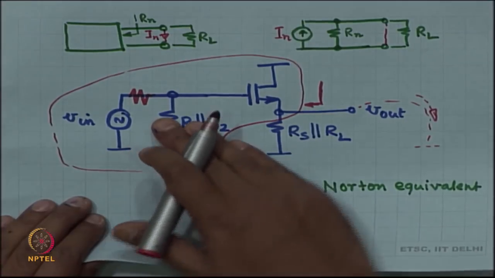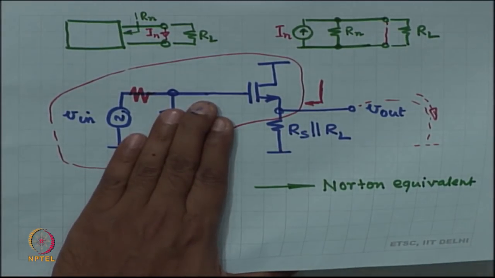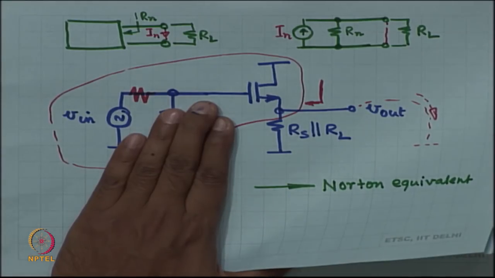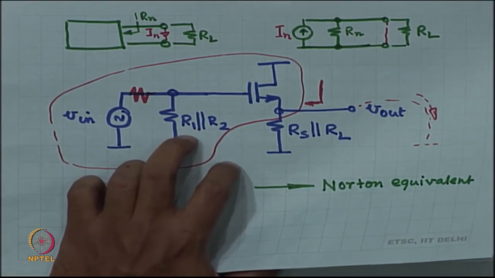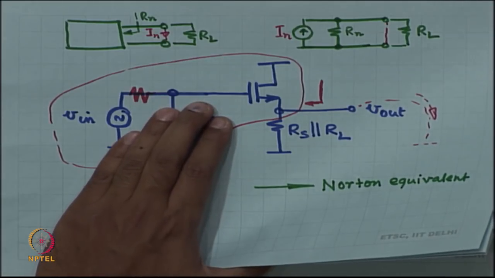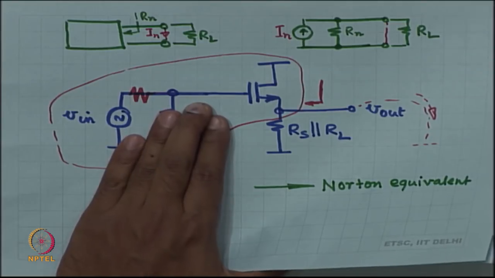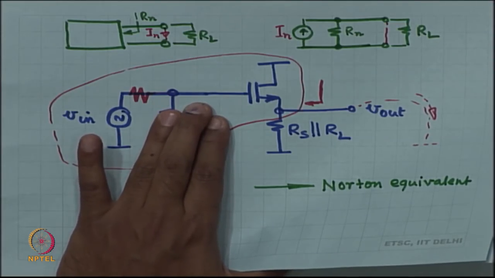Forget about R1 parallel R2, it is just annoying. Okay. Let us forget about it for the time being. Suppose imagine R1 and R2 are so high that they are mega ohms. R1 and R2 can be in mega ohms, right, tens of mega ohms, whatever you want. R1 parallel R2 do not matter, okay, they are so high that they are not in the circuit.